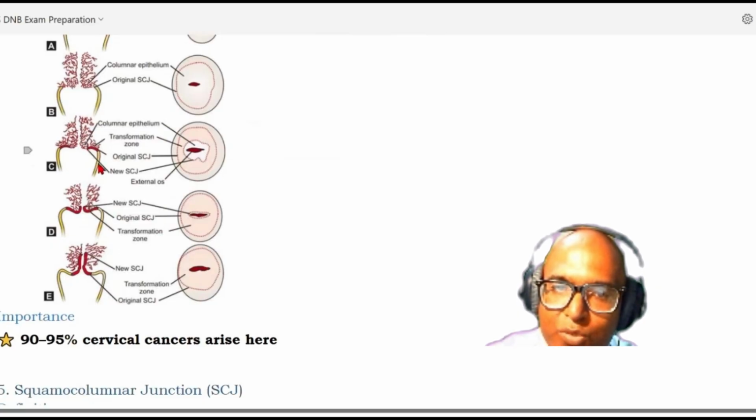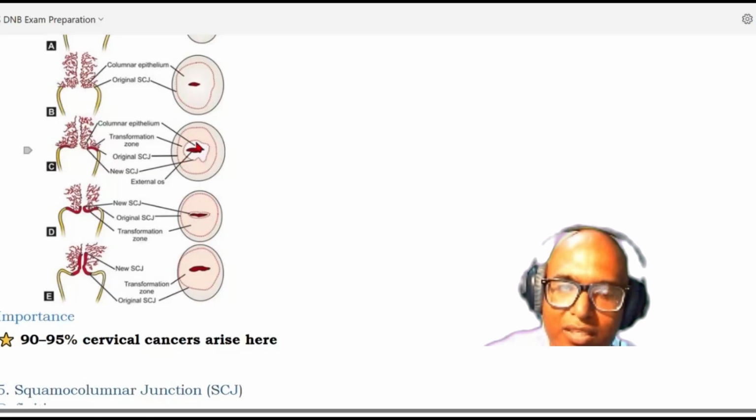So the original squamous was here, then this was initially columnar which has become squamous, and it forms the new squamocolumnar junction, while here was your original squamocolumnar junction.